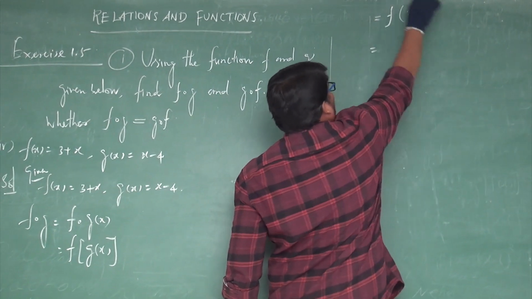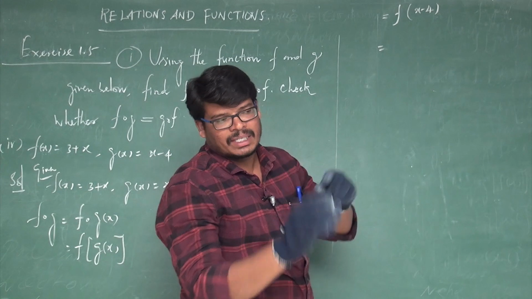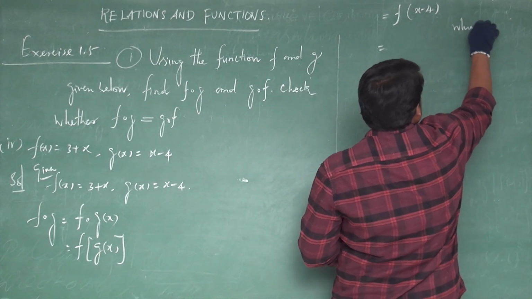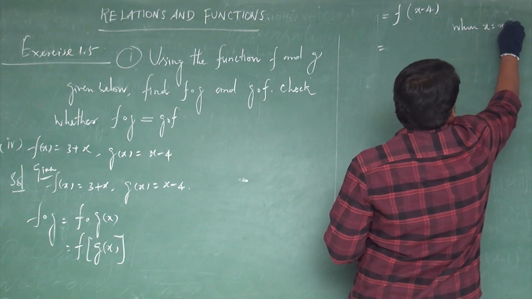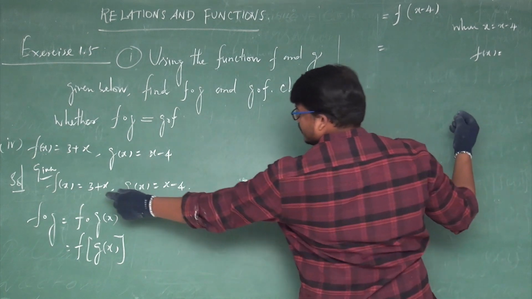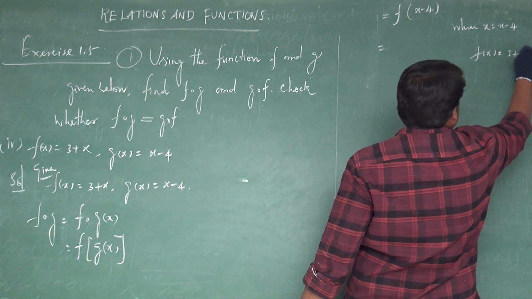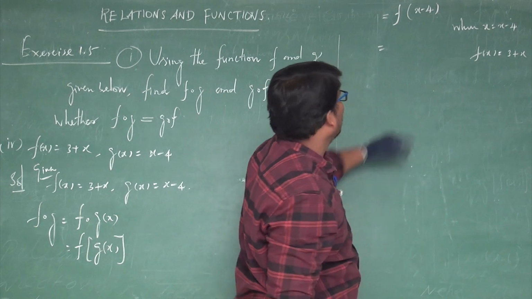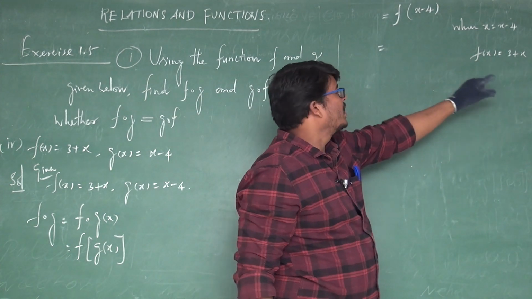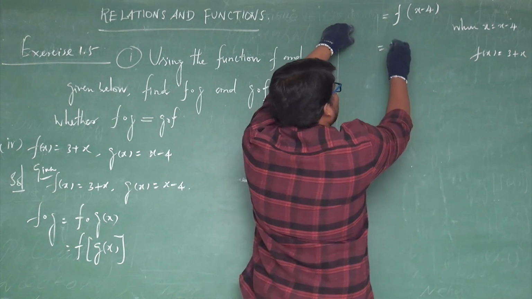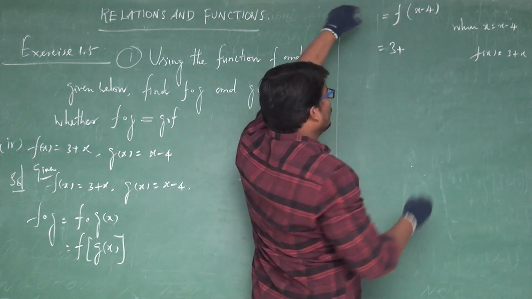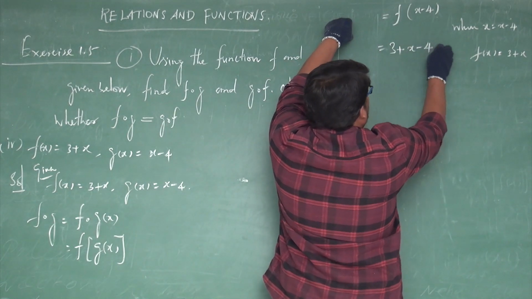Here the total function is f of x minus 4, that is f of x where x is replaced by x minus 4. Given the function f of x equal to 3 plus x, substitute x minus 4 for x.